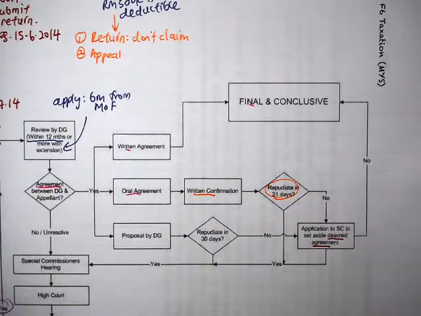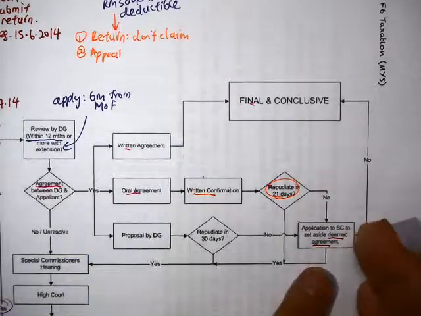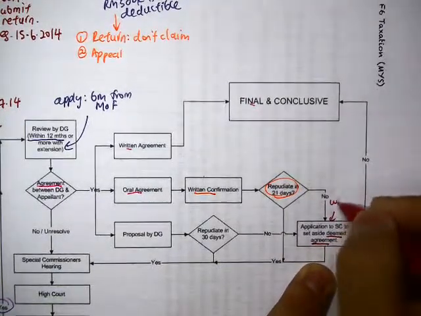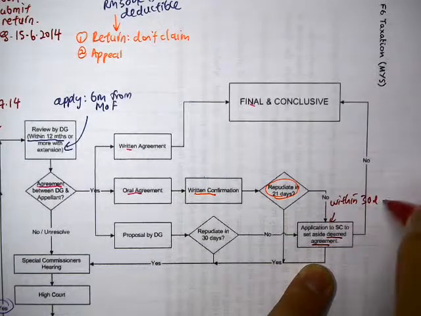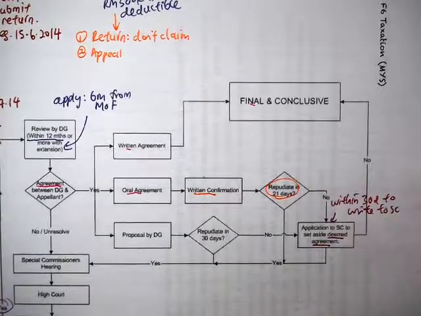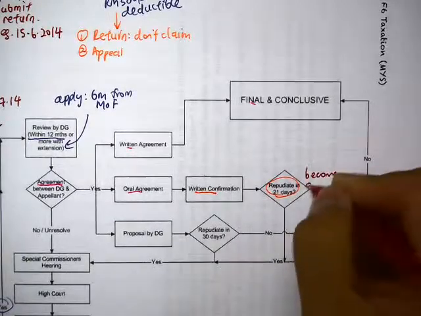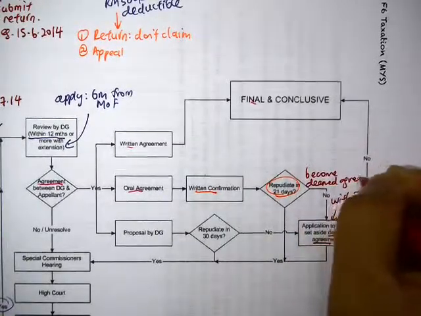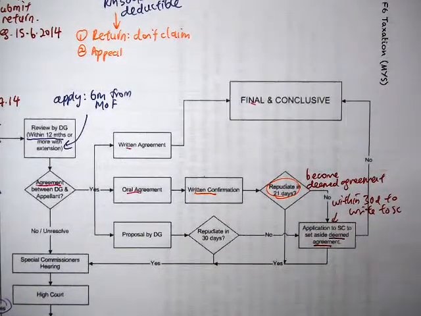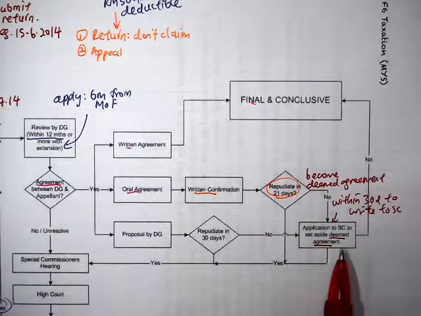You become a deemed agreement. Now I don't have space to fit the diagram, that's why I stop here. So actually, when something becomes a deemed agreement, you have within 30 days to write to the Special Commissioner to set aside the deemed agreement.